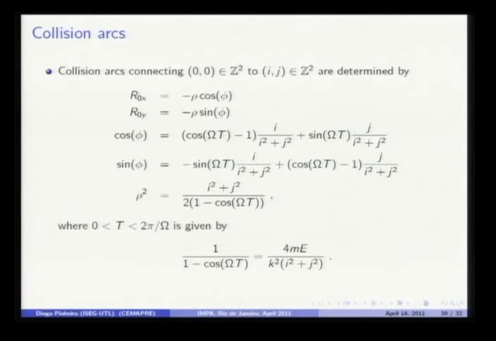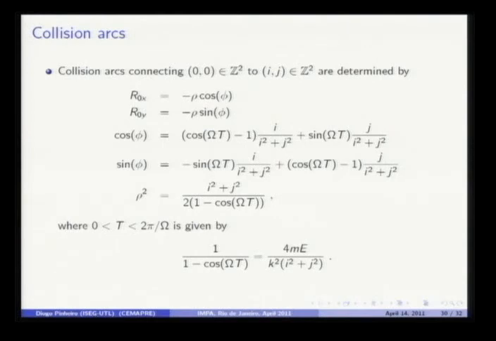Now, for the solution to be well defined, you need this function to be always larger than 1. Otherwise, this cosine of phi and sine of phi would be larger than 1. So if this thing is larger than 1, you get your desired condition on the energy.